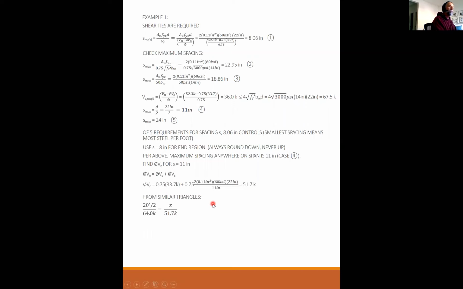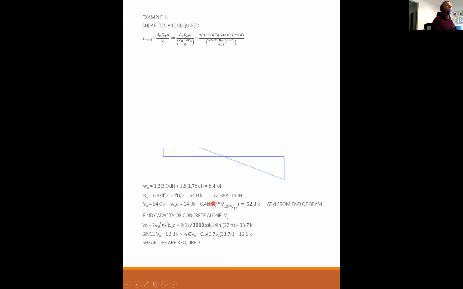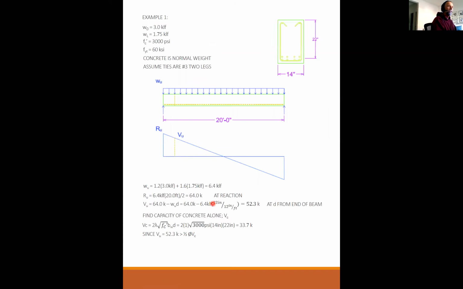One of these numbers is wrong. VC is 33.7. No, okay. Don't worry, instructor hasn't lost it. I have a point to make here.